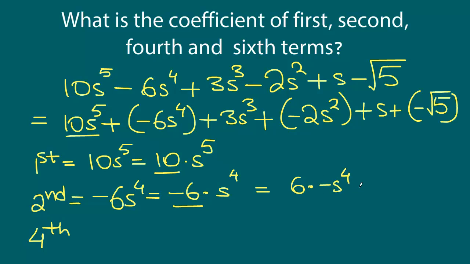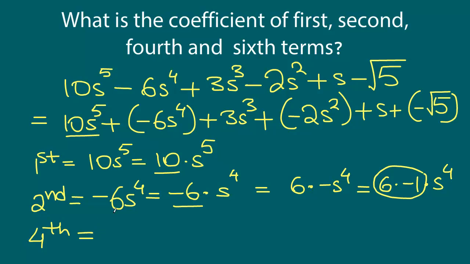Now you can do that, but remember minus s power 4 is nothing but minus 1 times s power 4, right? So what we do is we take the entire numerical factor, which will be 6 times minus 1, which is minus 6.